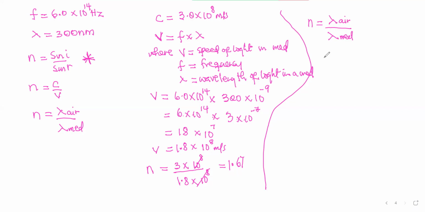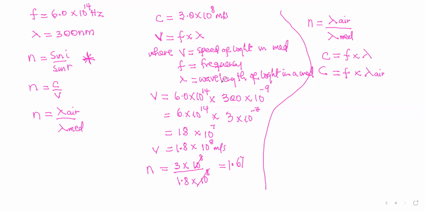We know the velocity of light in air, C, is equal to F times lambda. C is the velocity of light in air, meaning this is equal to the frequency of light times the wavelength of light in air, since this is air. I told you yesterday that the frequency of light does not change from one medium into another.